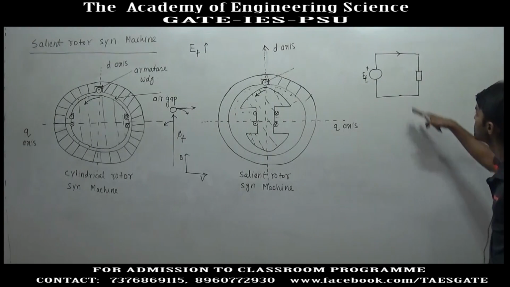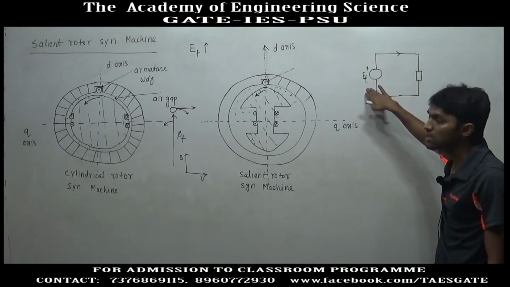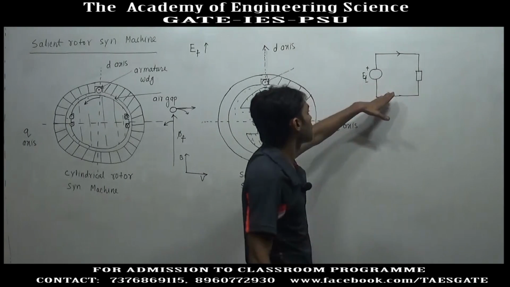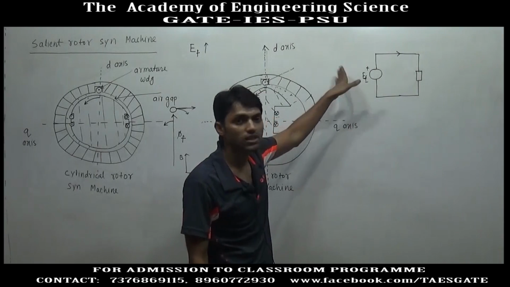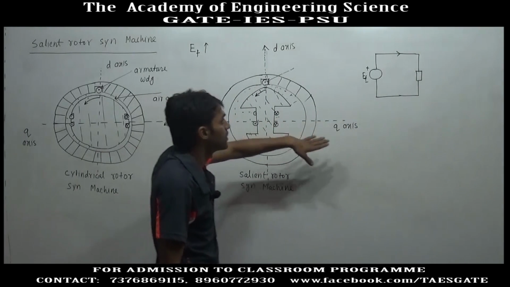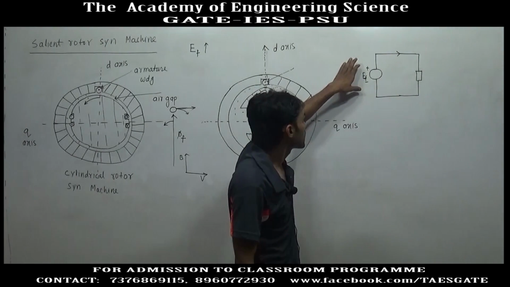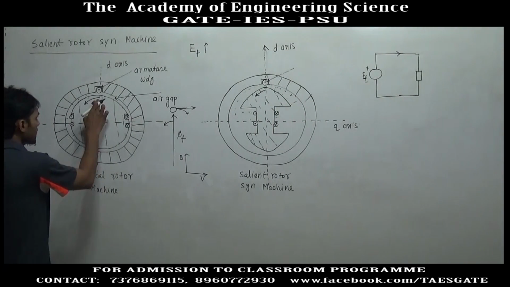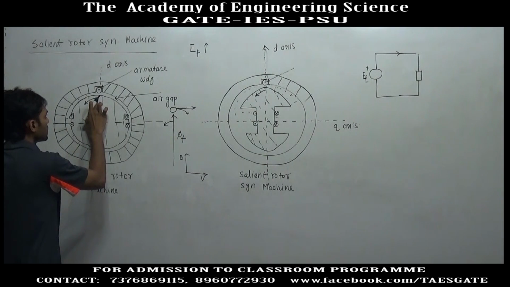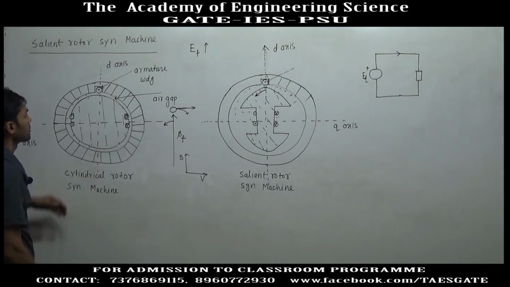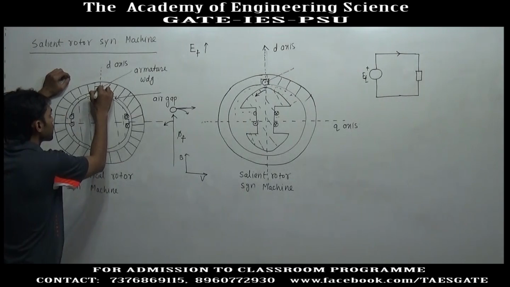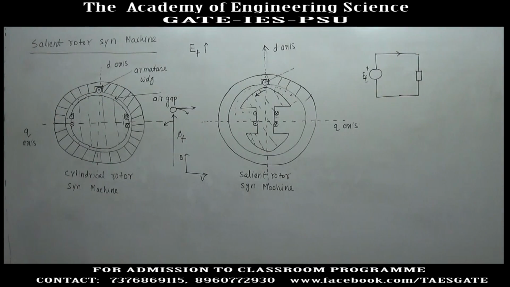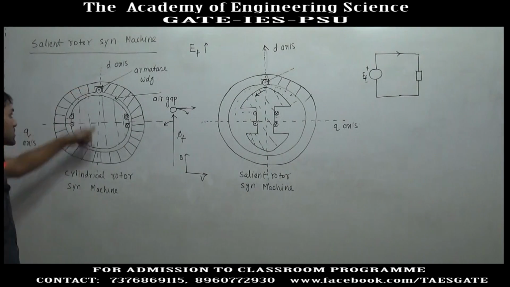It means the maximum value of current will lag the maximum value of EMF, and all the values of current will lag all the corresponding values of EMF. So, if a lagging load is connected here, the instant of maximum current will lag the instant of maximum voltage generated in this conductor.